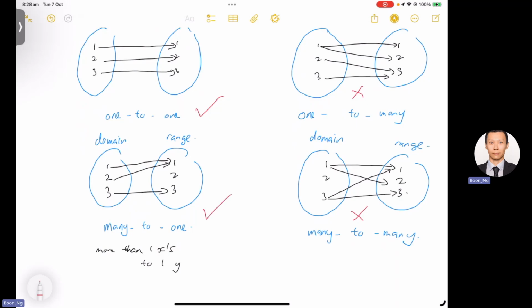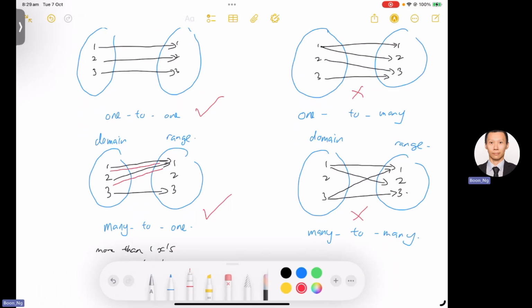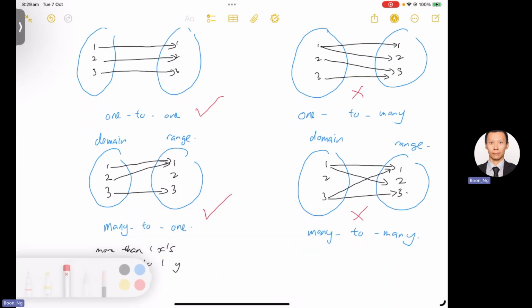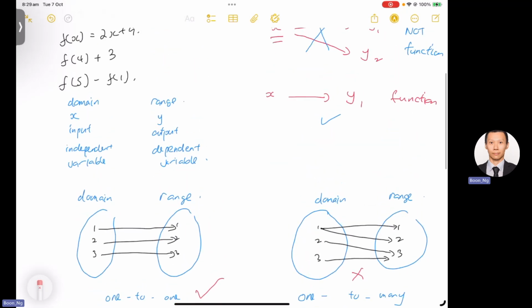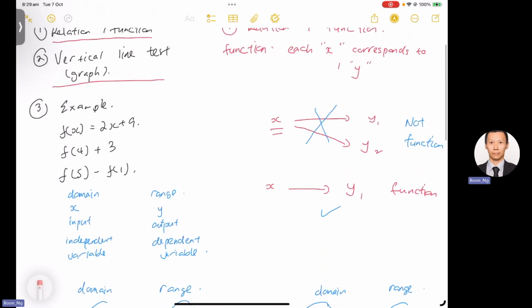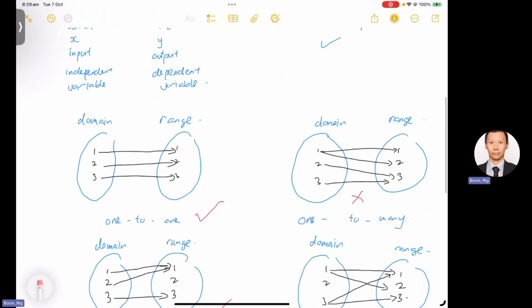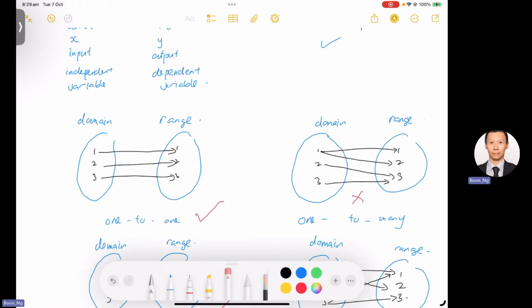This is also a function because one x corresponds to one y, even though they are corresponding to the same one. Now the second one is this is by mapping. This is the mapping technique.